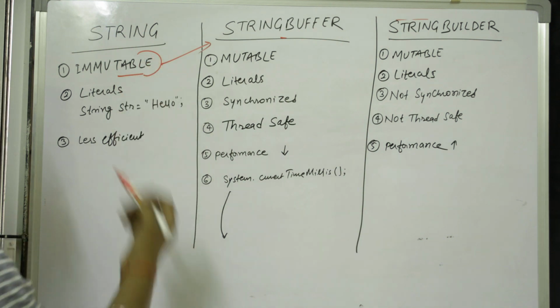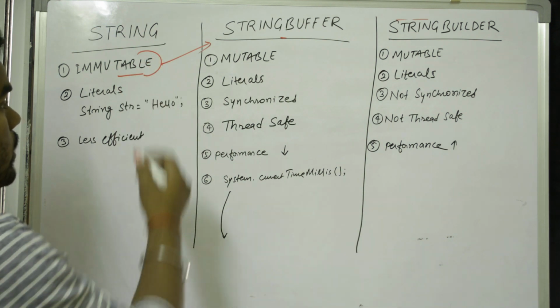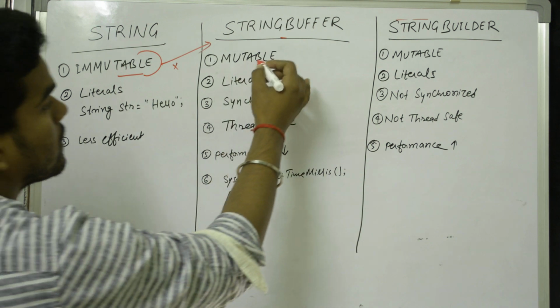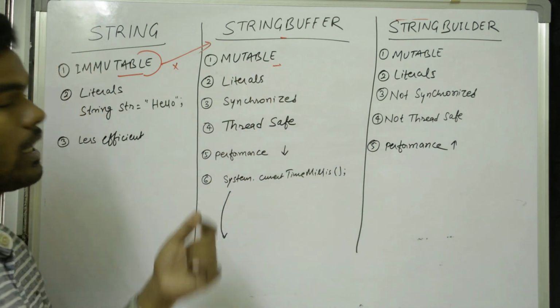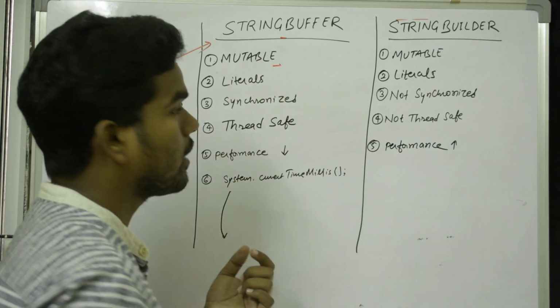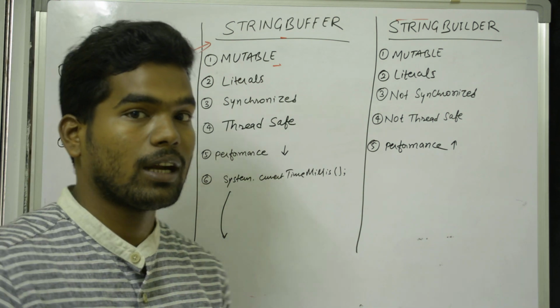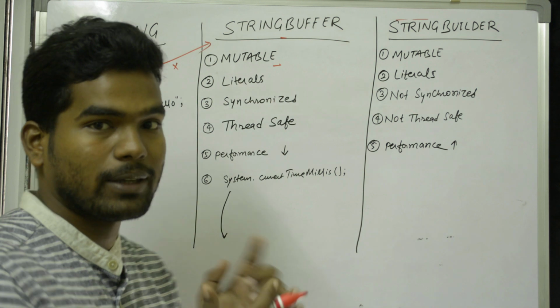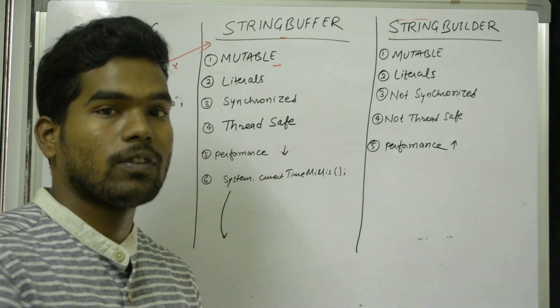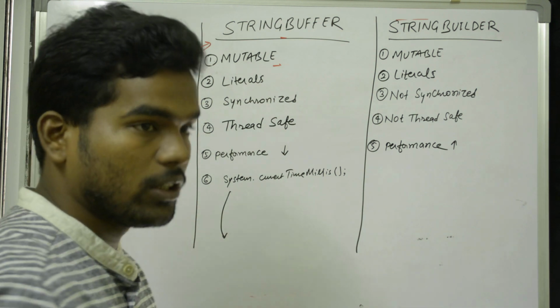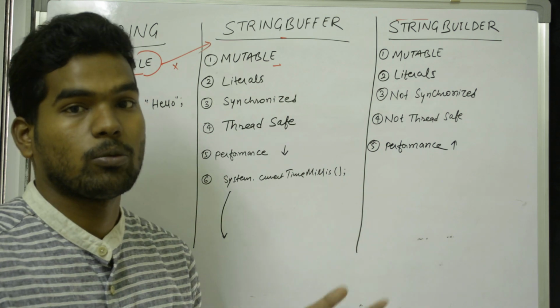So String is immutable, we all know that, so it is not changeable. But StringBuffer has the property that it is mutable, meaning even if you created an object having some content, later you want to modify something in that, for example to uppercase or to append something. You have written the first name like Ashish, and later you want to add Kumar to it.